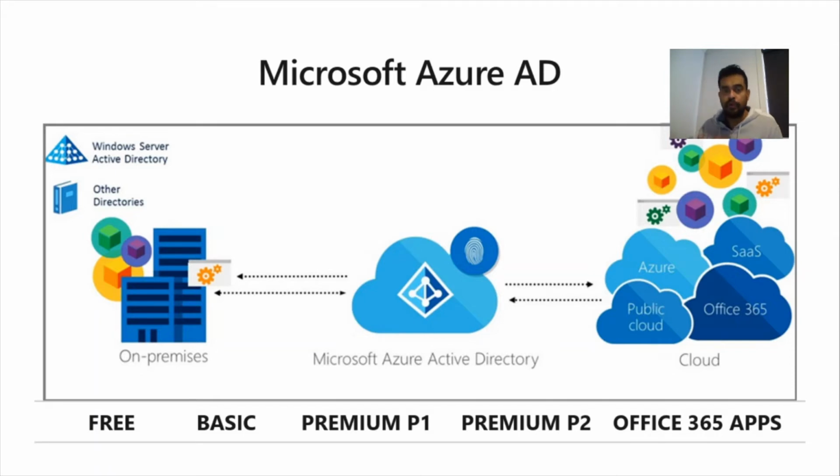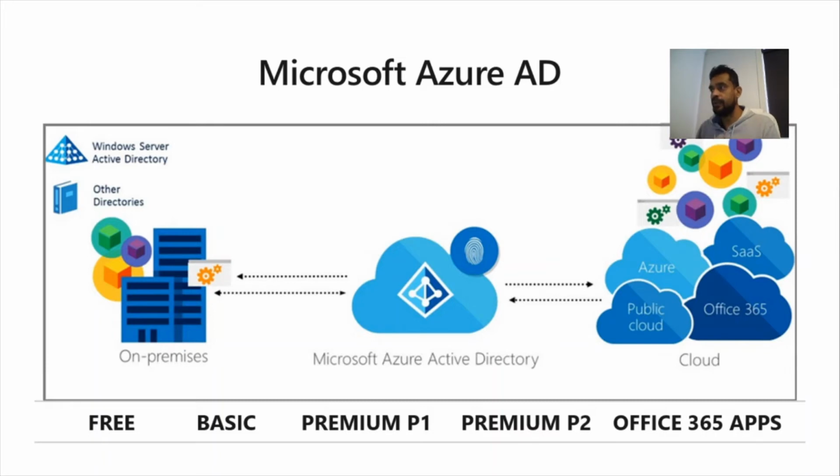Some Office 365 versions also come with Azure support. Whenever you create a user in any Office 365 version, the user is actually created in Azure. Azure is the backend identity service provider for Office 365.